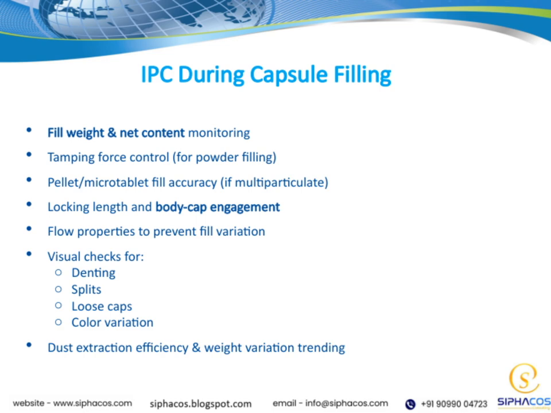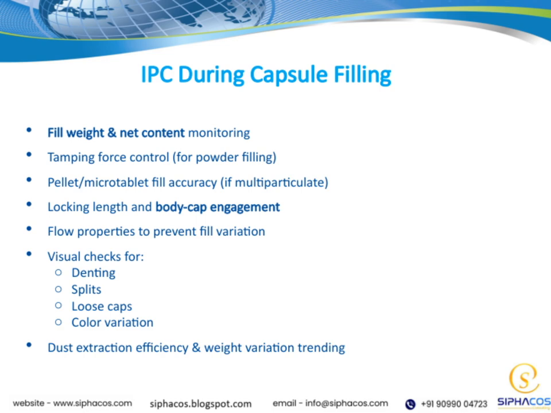Flow properties of the powder or granules are another crucial factor, as they help prevent fill variation and ensure smooth, consistent filling operations. Visual checks play a significant role too, looking out for denting, splits, loose caps, and color variation. These visual cues can indicate potential problems before they affect product quality.